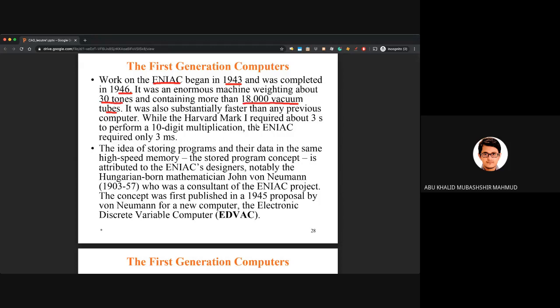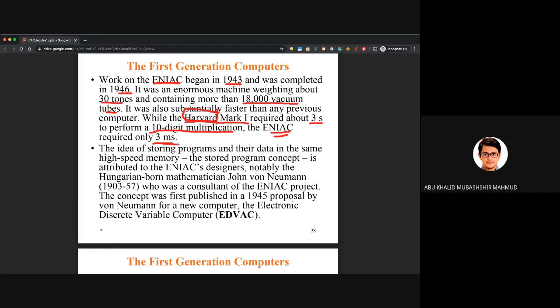While the Harvard Mark I required about 3 seconds to perform a 10-digit multiplication, the ENIAC required only 3 milliseconds. Here we can see another computer which was built, the Mark I at Harvard University. Mark I took 3 seconds to perform a 10-digit multiplication, and ENIAC, the latest computer at that time, recorded only 3 milliseconds.